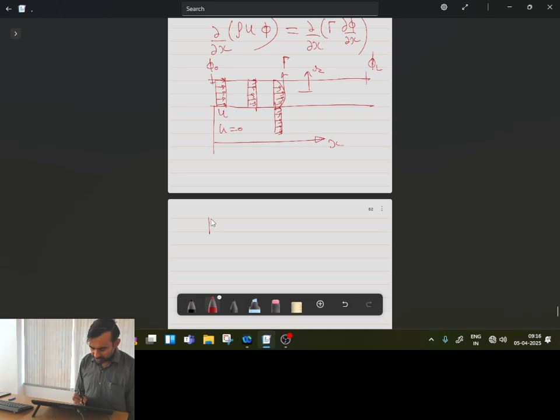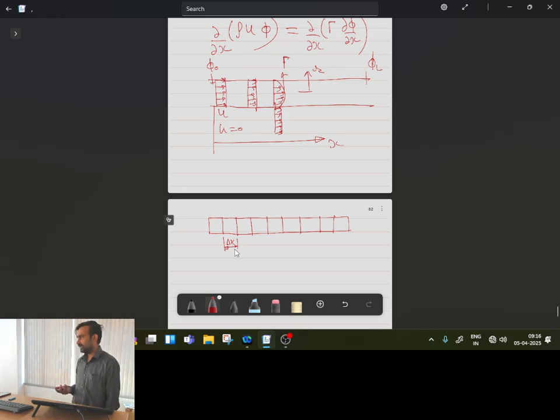So let me define control volumes like this. These are the finite sized control volumes. Now let us consider that in this scenario, the size of the control volume is delta x.